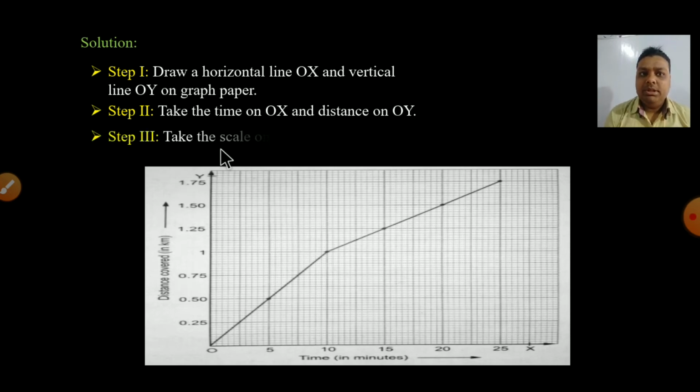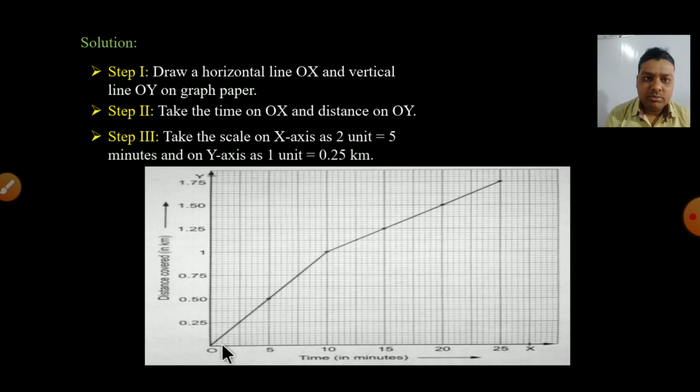Step 3: take the scale on the x-axis as 2 units, you can see 2 boxes, as 5 minutes, and on the y-axis 1 unit as 0.25 kilometer. Now we have drawn the figure.